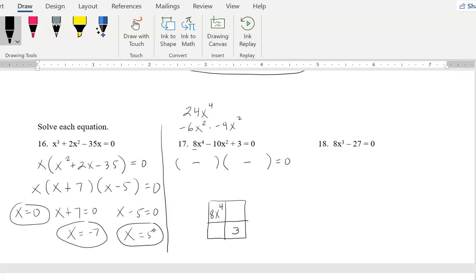We already know what to put here. Doesn't matter where they go. And now just find your GCFs. So this would be 2x squared and 1. And this would be 4x squared and 3.